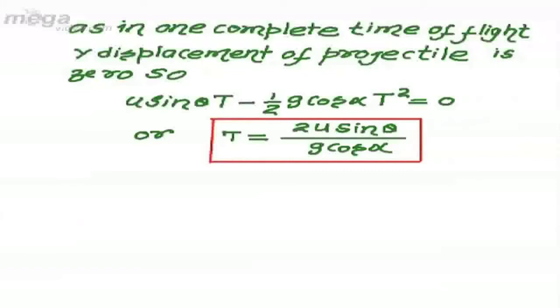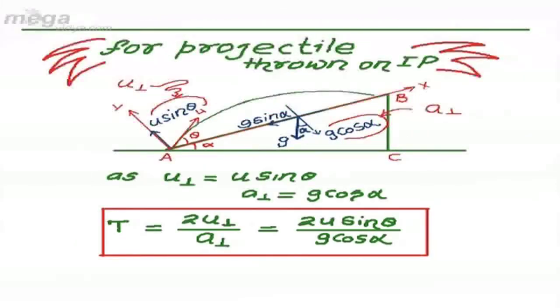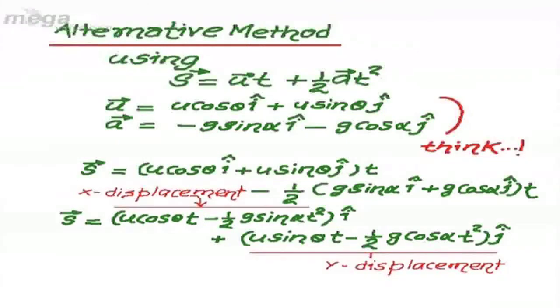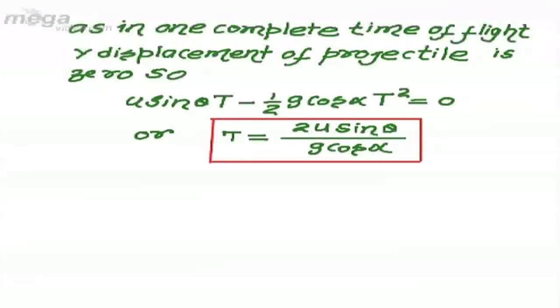Now you can easily understand what the time of flight is. I have obtained the same result using two different methods, and I got the same answer, no doubt. The first method was the smart method, while the second method is the usual, descriptive one. This result is also of the same form.